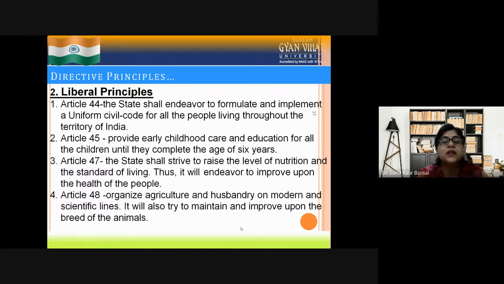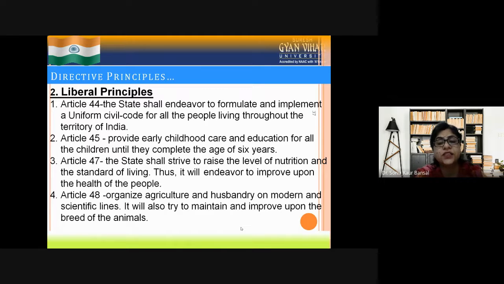Then Article 45, it says and provide early childhood care and education for all the children until they complete the age of 6 years. Then Article 47 is about the state shall strive to raise the level of nutrition and the standard of living.